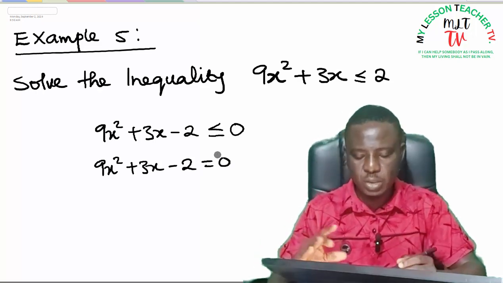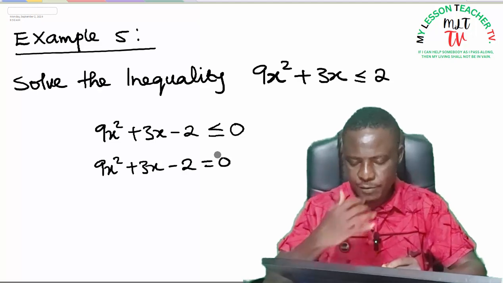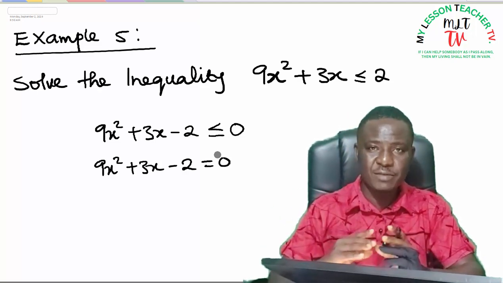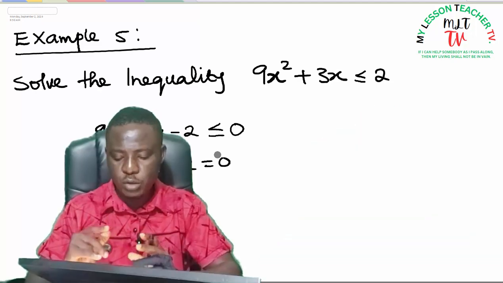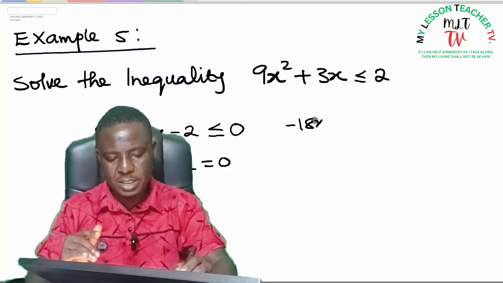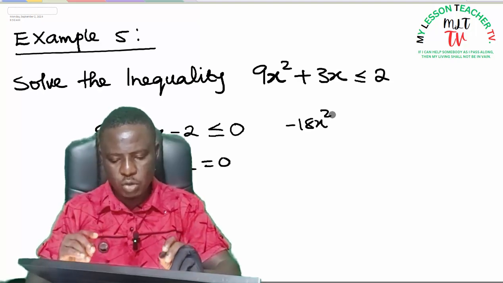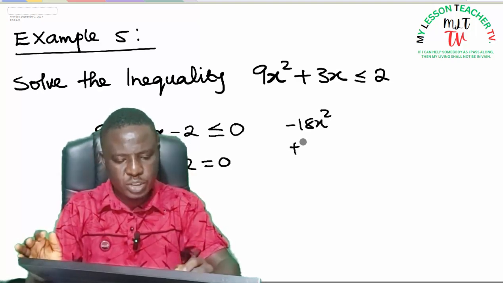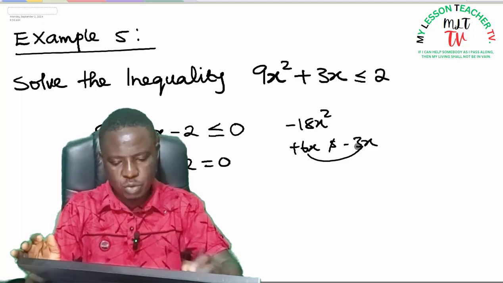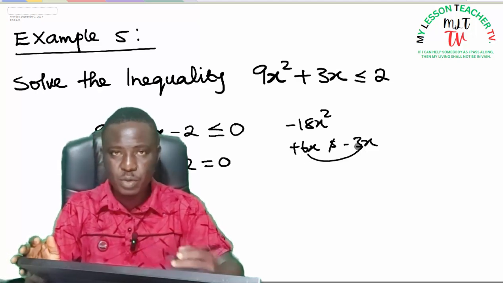Look for two terms that when you multiply them together, give you the product of the first term and the last term, and when you add them together, give you the middle term. The product of the first term and the last term is minus 18x squared. So what are those two terms? We have plus 6x and minus 3x, such that when you add them together, it gives you plus 3x, which is the middle term.